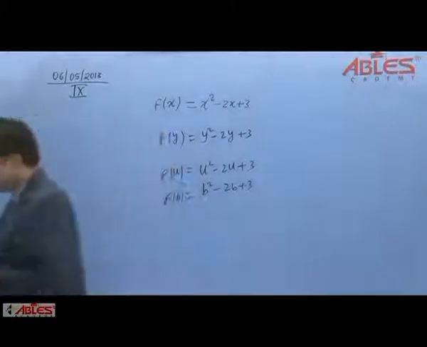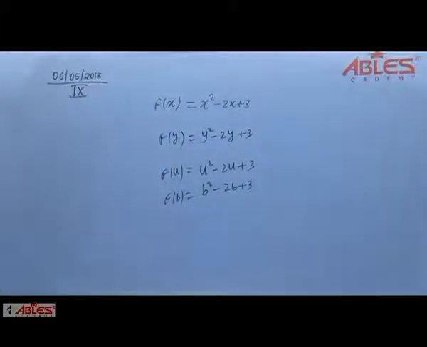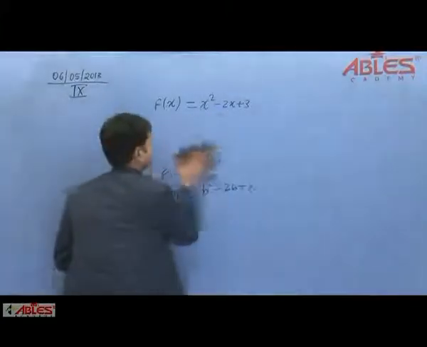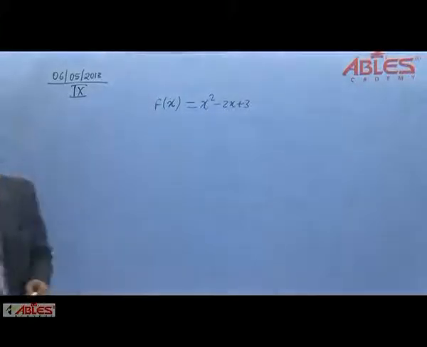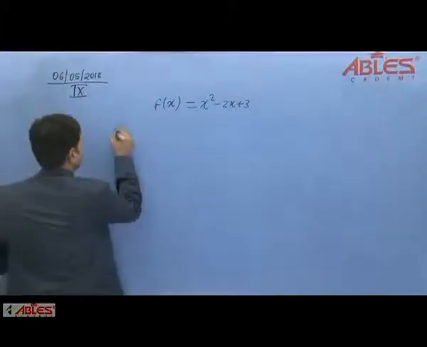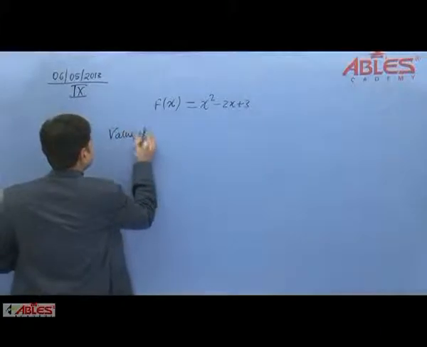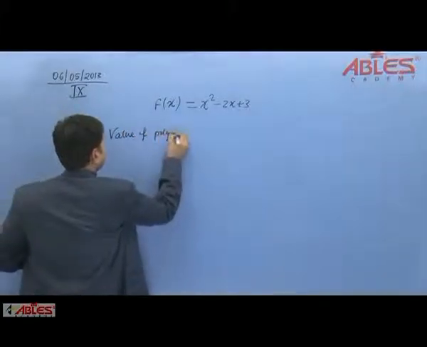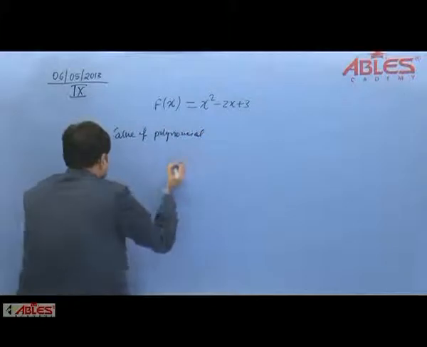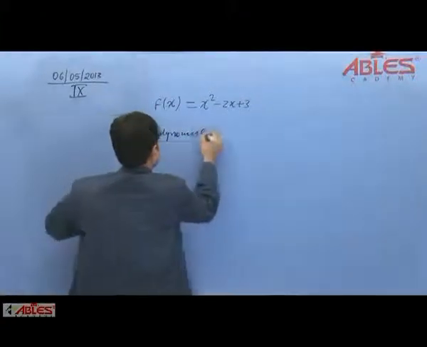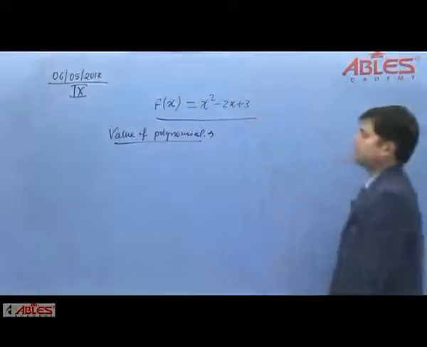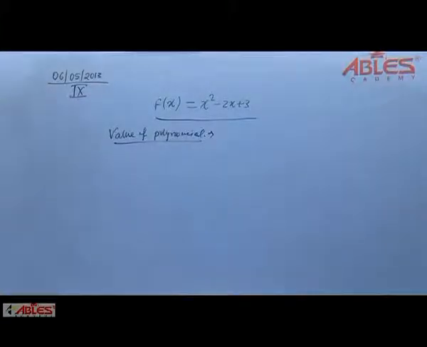Now we have to discuss the value of polynomial. So what do we mean by value of polynomial? Suppose it's a given polynomial f(x) equals x square minus 2x plus 3.